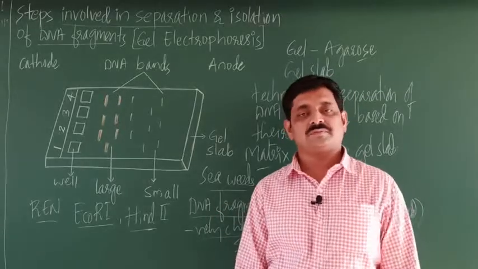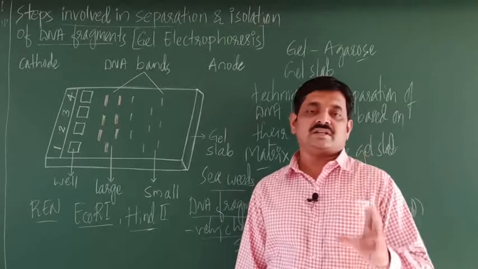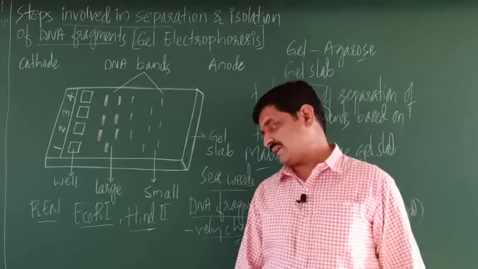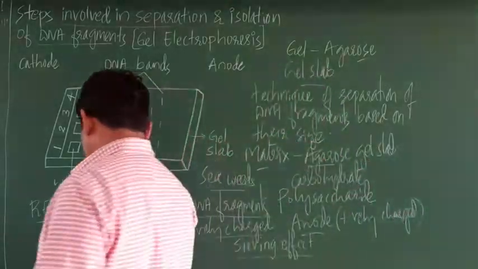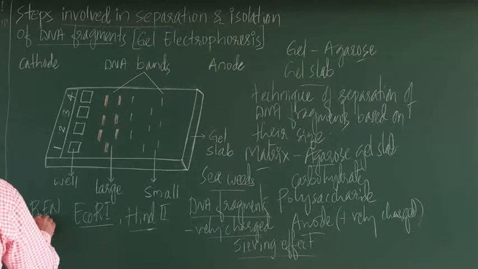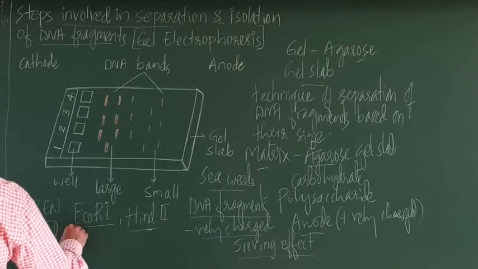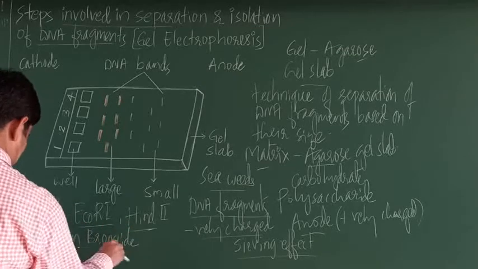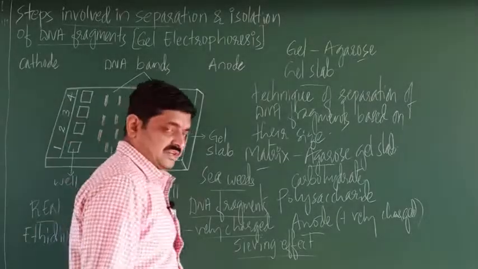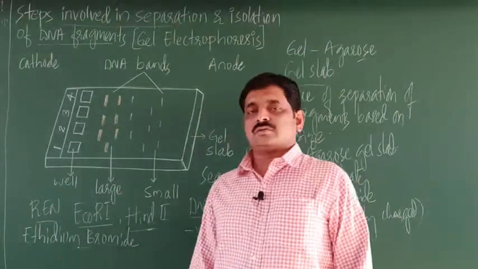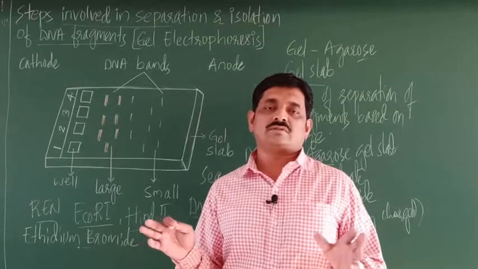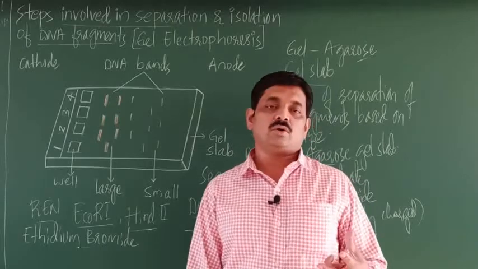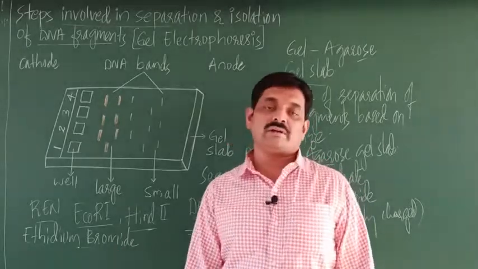Next, what happens? These DNA fragments are stained or treated by a compound that is called ethidium bromide. So the sorted or separated DNA fragments are treated with a stain, a compound called ethidium bromide.